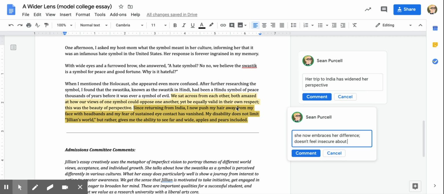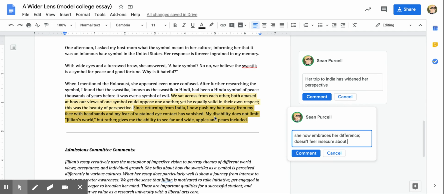Now, here's one other thing before we move on. Notice that she never explicitly says, "I'm now more comfortable with myself," or "Now I have an open mind." She doesn't say, "In the end, I learned from my experience that a disability does not limit a person, blah, blah, blah."